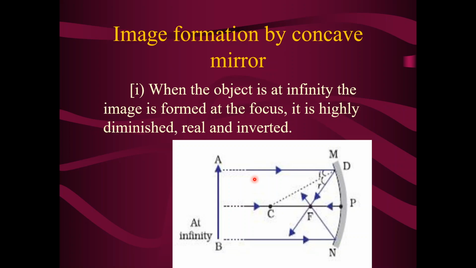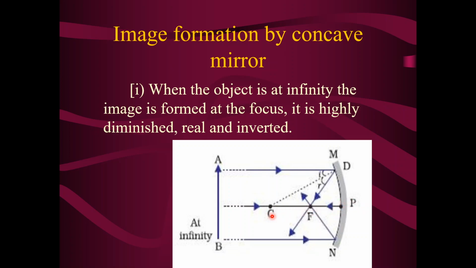Now, following these rules of reflection for the image formation, you can draw the image formation by a concave mirror. First, at different positions, you will draw the image formation. First position: when the object is at infinity, here again take a pen or pencil and a scale.